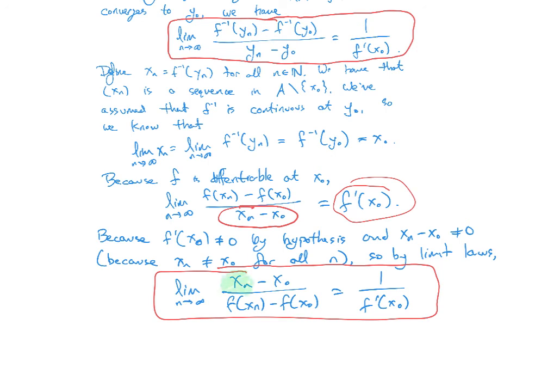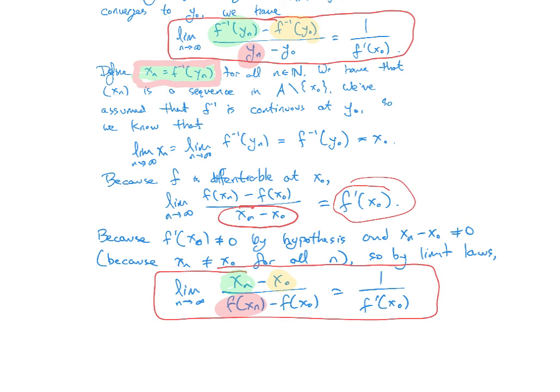What's xn? Xn is f inverse of yn. That's by definition. What's x naught? That's f inverse of y naught. That's how we defined x naught and y naught in the hypotheses. And f of xn follows again from how we defined the xn's. Xn is f inverse of yn, and therefore f of xn is yn.